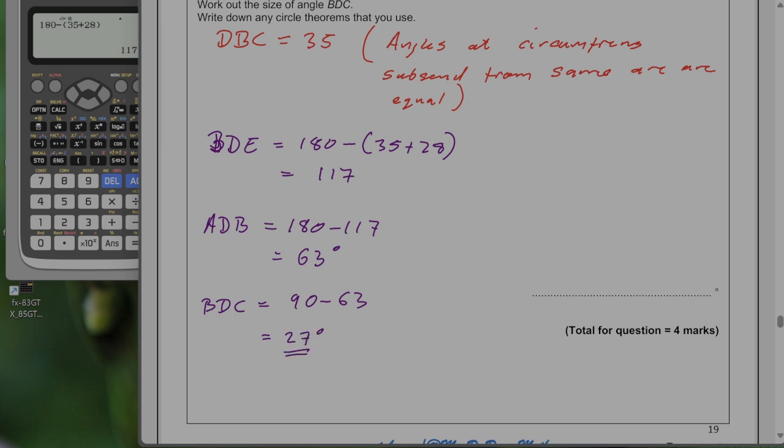And then the reason for that is, so my reason is angles from a semicircle equal 90 degrees. So 27.